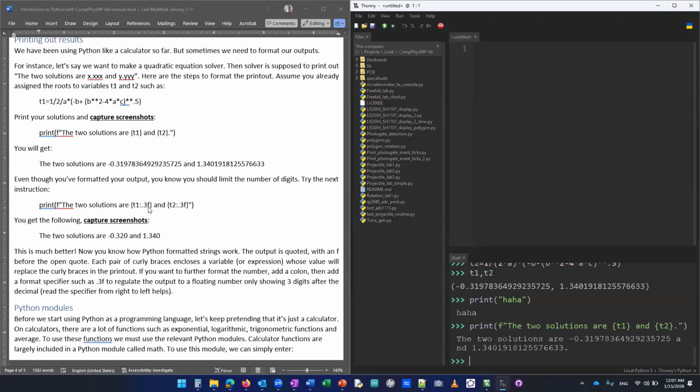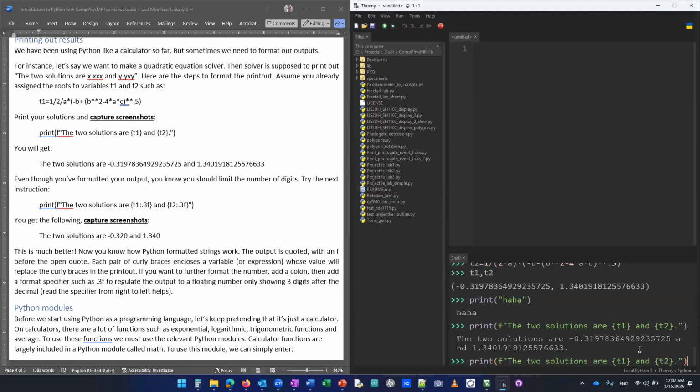The dot indicates the decimal point, 3F means 3 digits after the decimal, and the F means a floating number. You almost have to read this thing backwards. It's like floating number, 3 digits after decimal. That's what the formatting will give you, and it'll print something nicely like this instead of a very long text.